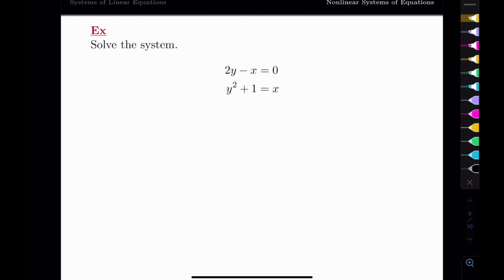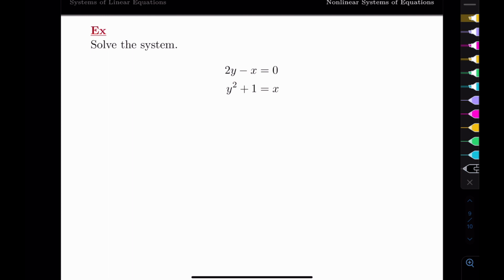Right? And in this case, it's actually primed up really nicely for substitution. Okay? You definitely can use elimination and eliminate the x value, but substitution also works. Because just from the second equation, my x has to equal y squared plus 1. I can just plug that in for x in this original equation, okay?